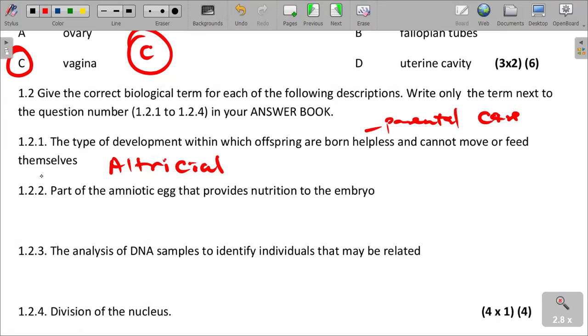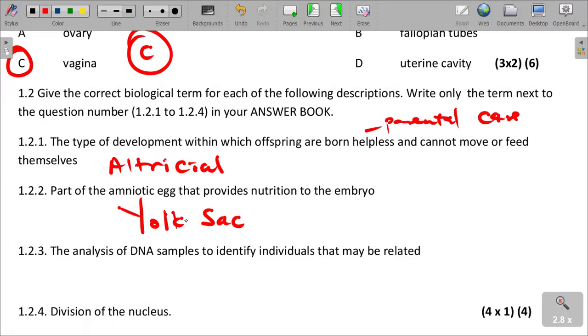And then the part of the amniotic egg that provides nutrition to the developing embryo is called the yolk sac. The yolk nourishes the developing young one, which, in some context of evolution, we say the size of the yolk also determines the level of development of the embryo, the developing chick inside the egg.